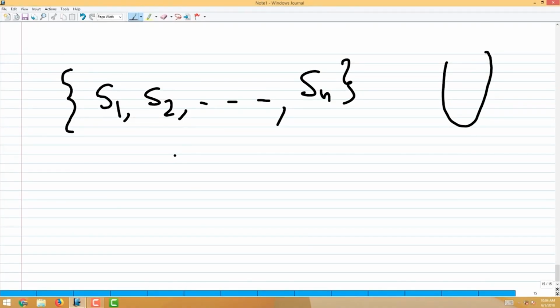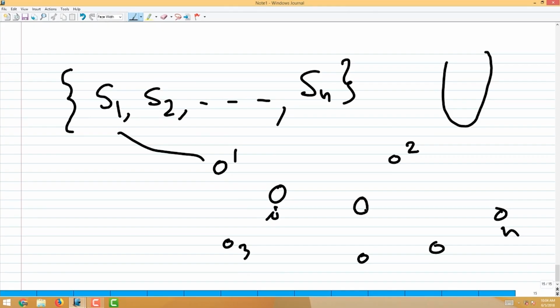How will you do that? You introduce n vertices in the graph, which you can call 1, 2, 3 up to n. 1 corresponds to S1, 2 corresponds to S2, and so on. Now when do I put an edge between i and j?